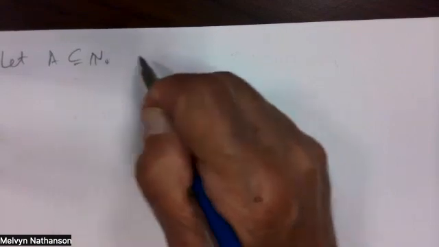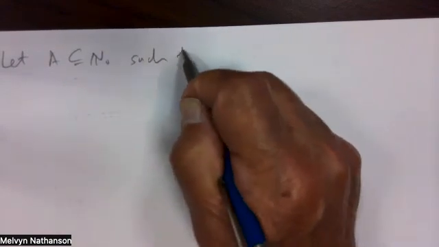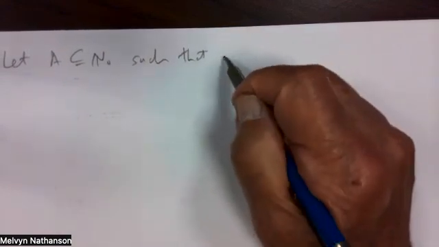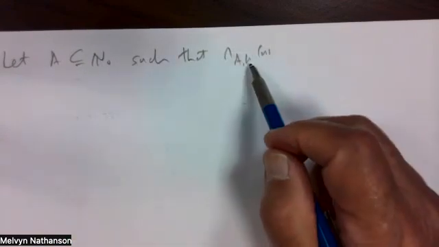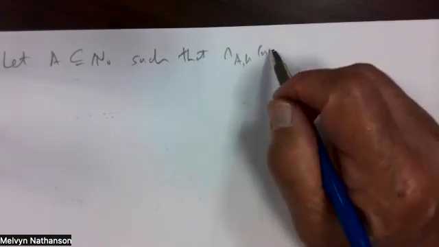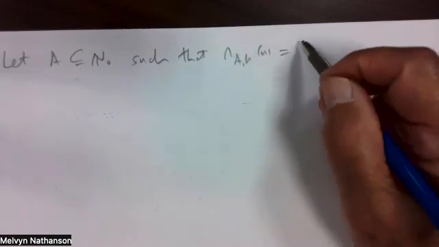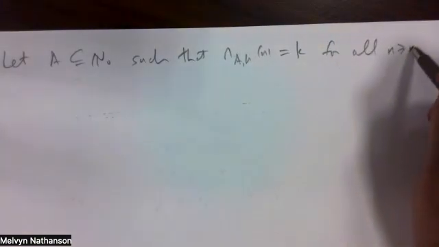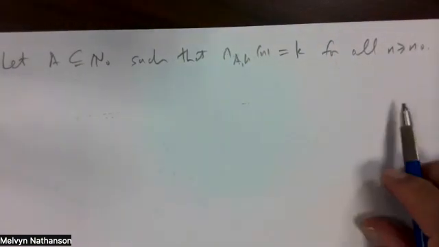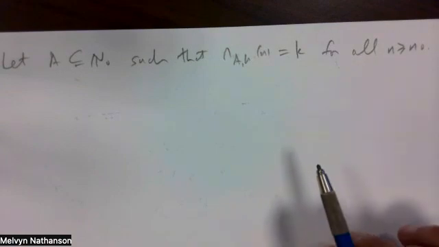So let A be a set of non-negative integers such that R sub A,H of n, so A is the set, H is the fixed number of summands, is equal to some constant K for all n greater than or equal to n naught. They want to show this is impossible.